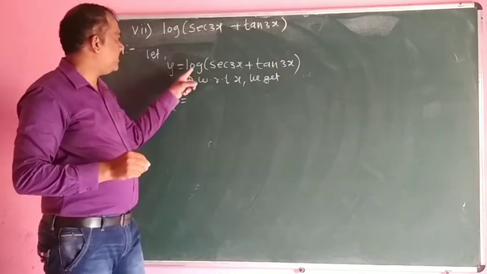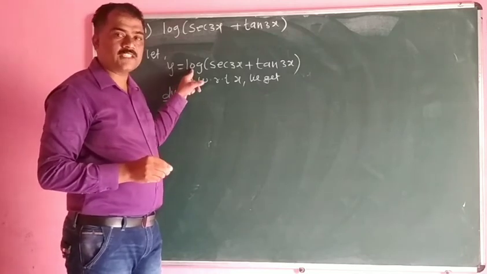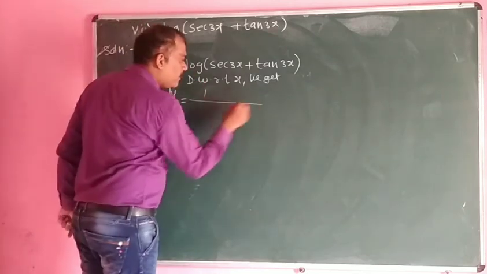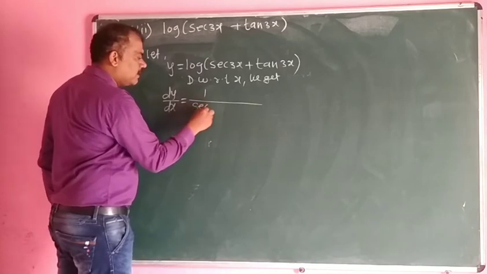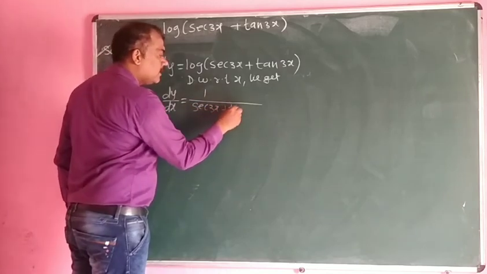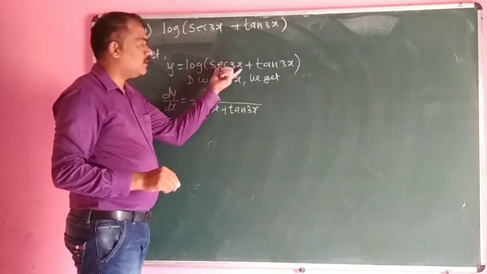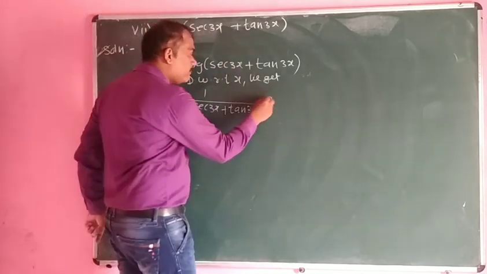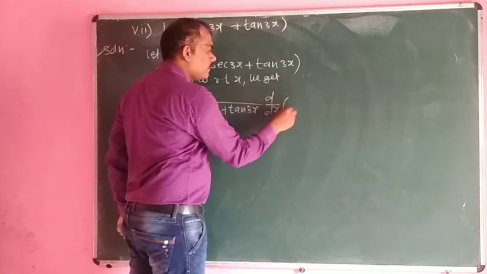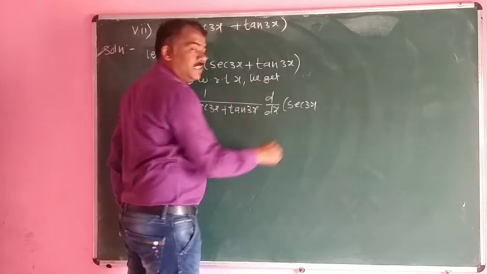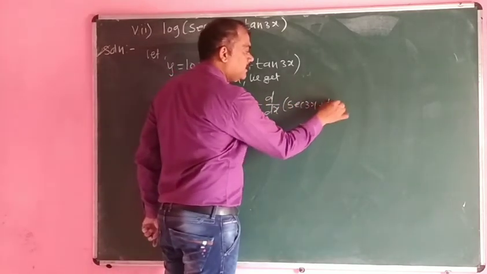First we have to keep the finger on this log. What is the derivative of log x? 1 upon x. Instead of x, sec 3x plus tan 3x into d dx of this bracket, that is d dx of sec 3x plus tan 3x.